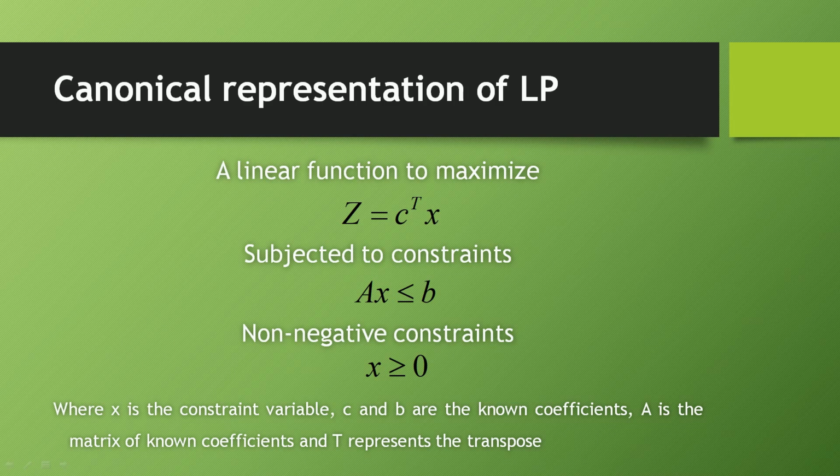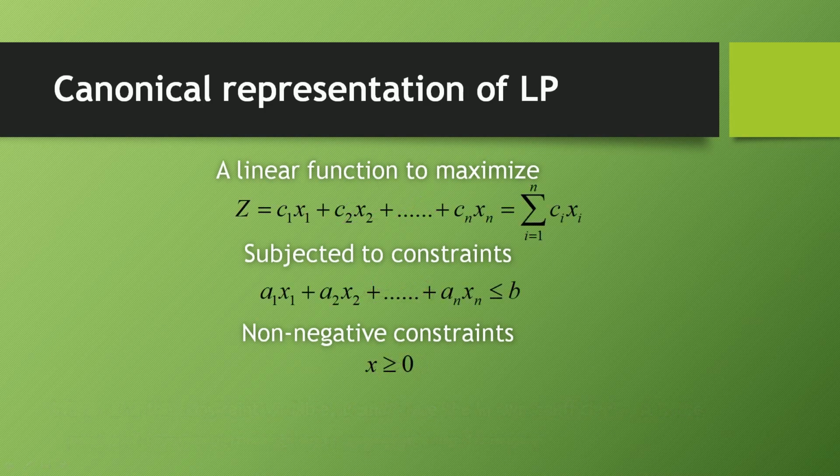Here z is the function which we have to maximize, c is a coefficient, T represents the transpose and x is the variable. Where x is the variable, c and b are the known coefficients, A is the matrix of known coefficients and T represents the transpose.